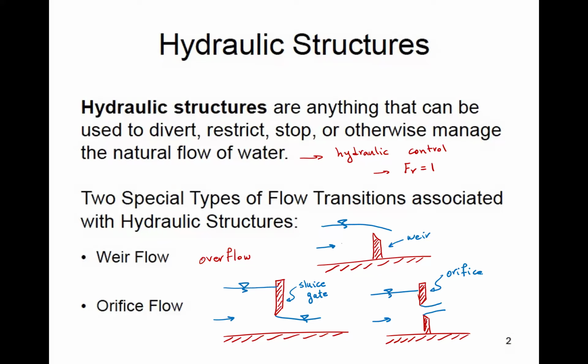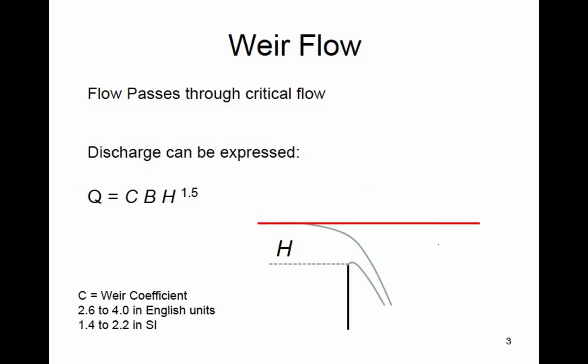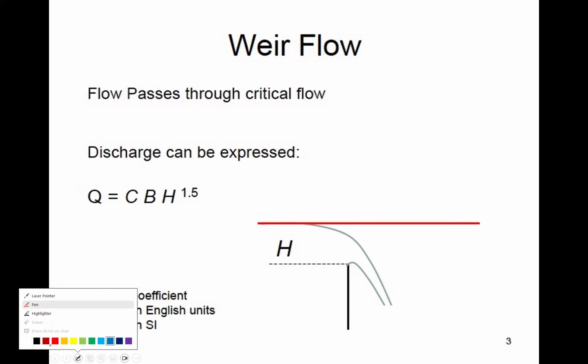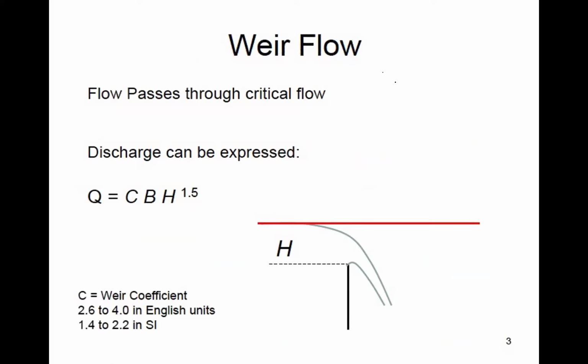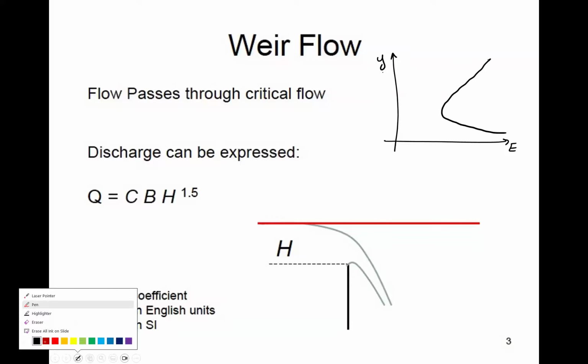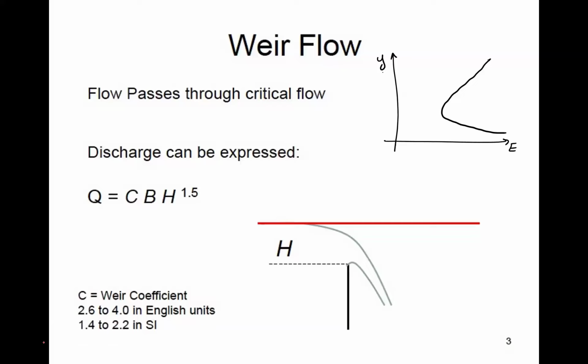Let's start with the weir flow. Weir flow obstructs the flow, very much like what we talked about when we were looking at humps and choking and so on. So if you recall, what happens in that situation is that if you remember our E-Y graph, which looks like this, when choking happens, when the flow is choked by an obstruction, by a hump or a weir.